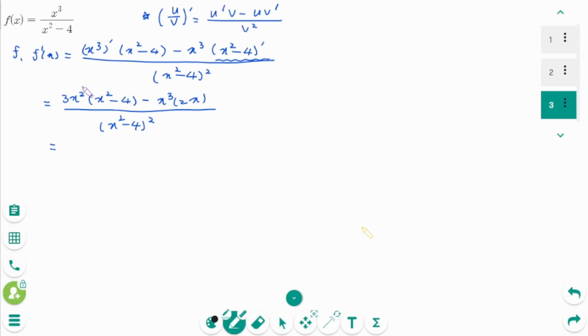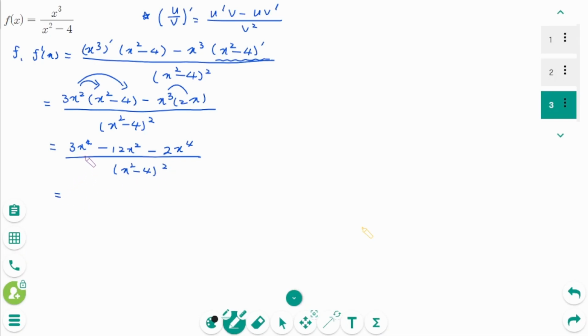Then expand: 3x to the power of 4 minus 12x squared minus 2x to the power of 4 over x squared minus 4 squared.